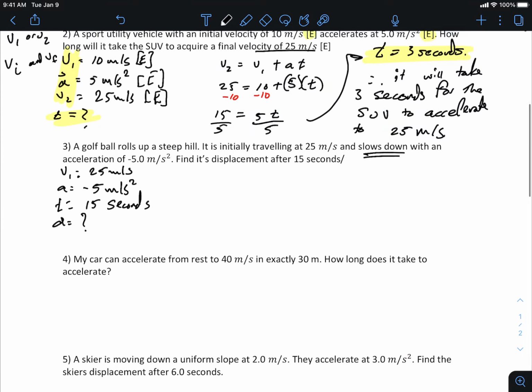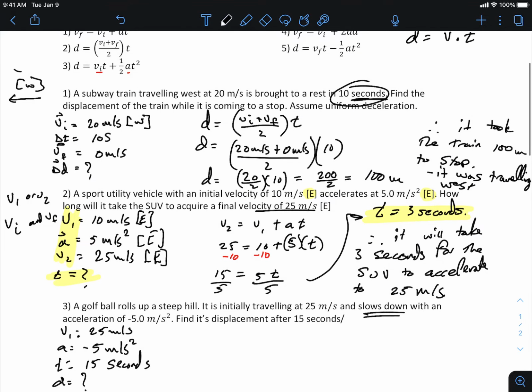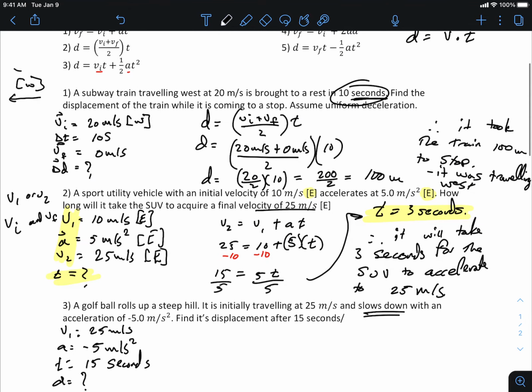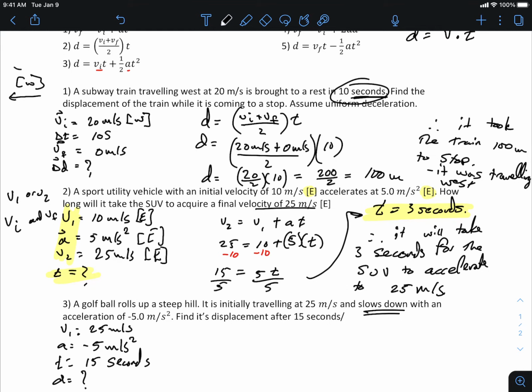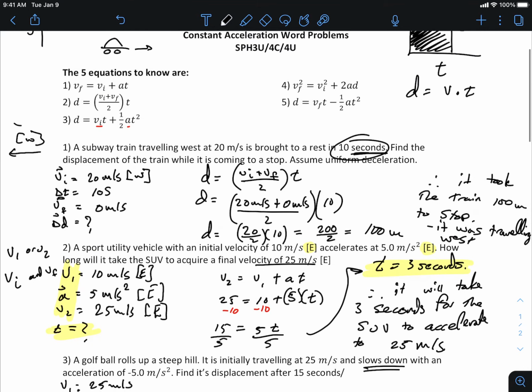Right, so you got what you're looking for, and conveniently it looks like a couple of these equations are already isolated for d, right? Now it doesn't tell us anything about the final velocity, so you're kind of stuck. Any of the ones that include the final velocity, you can't use them currently.